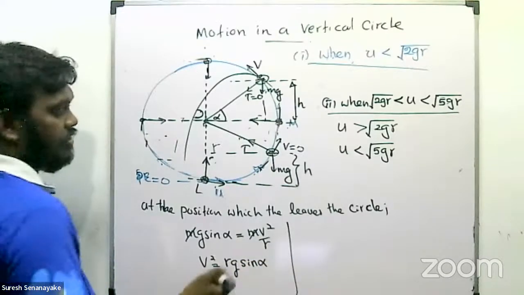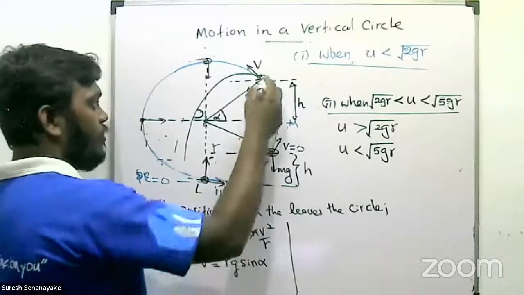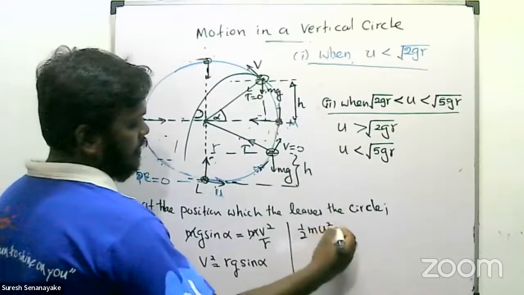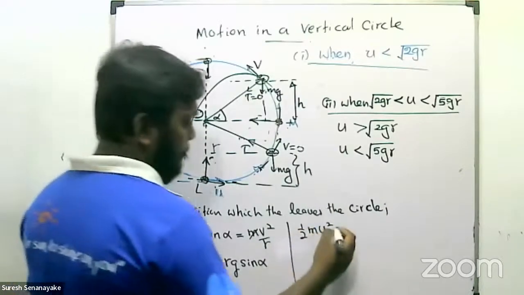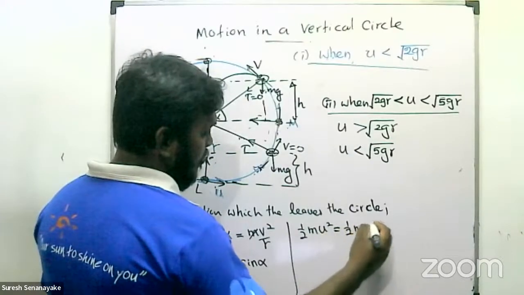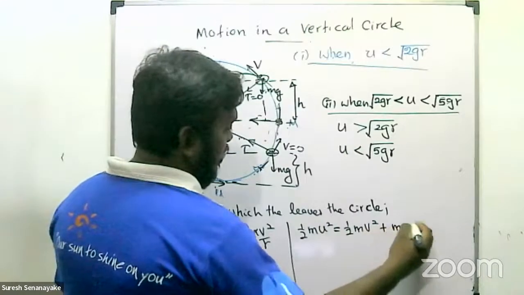Using energy conservation from the lowest point to this point, you can write half m u square equals half m v square plus mg (r plus h).